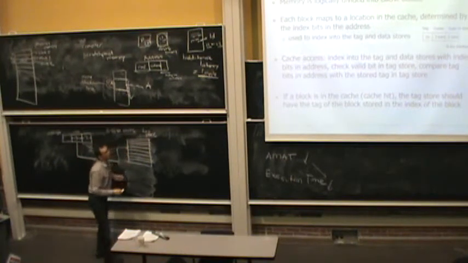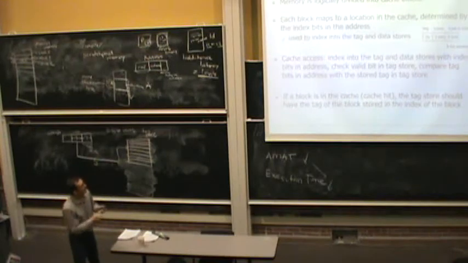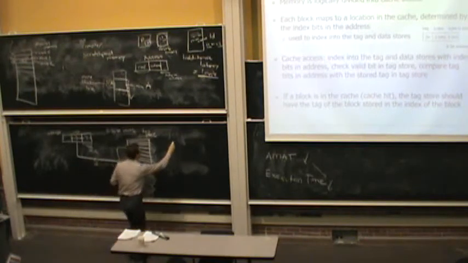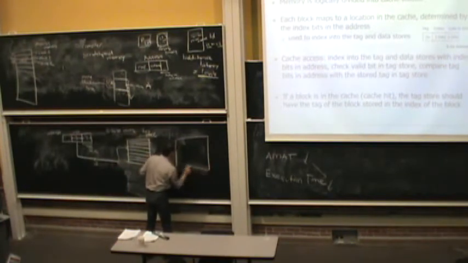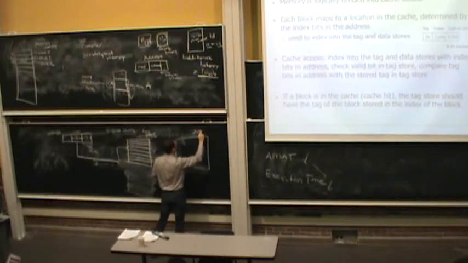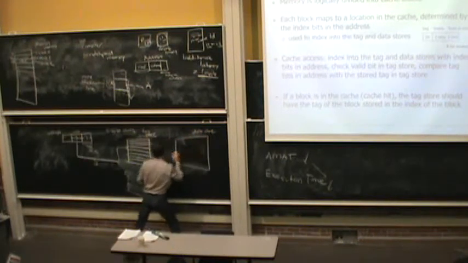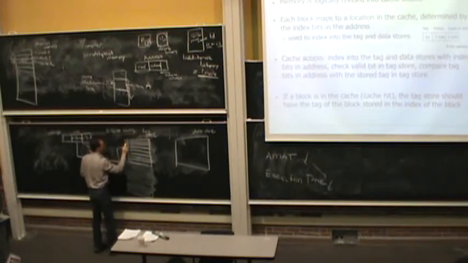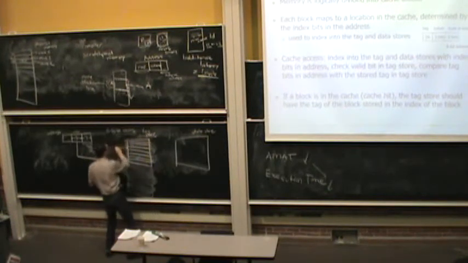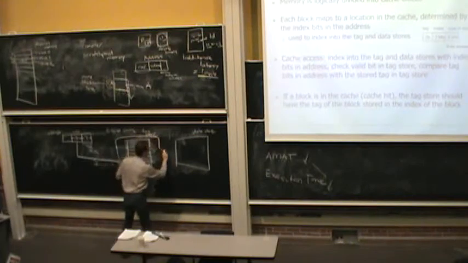You access the tag store, and also you access the data store in parallel. So we have 8 possible locations in the cache. And then we also use this index to index the data store.